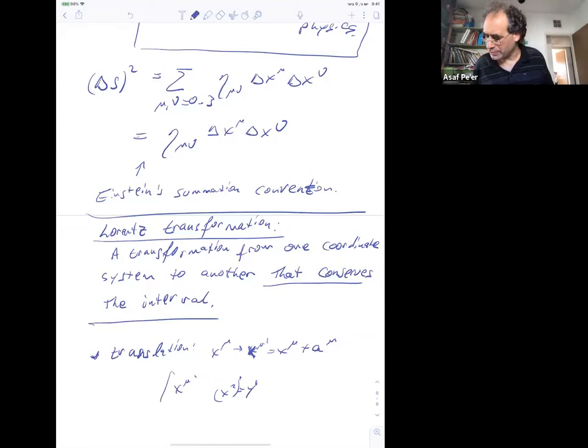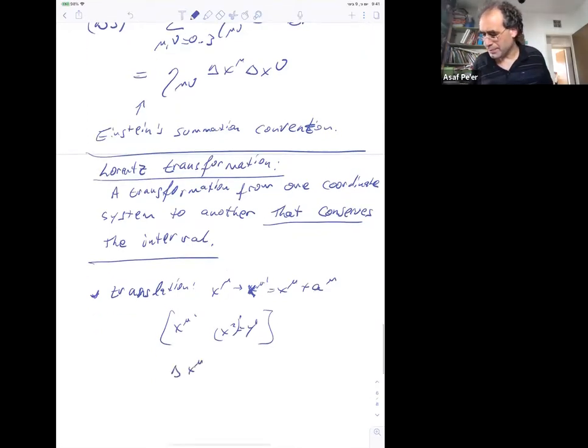This is just about my notation. Now, a translation leaves the difference, delta x mu, unchanged. So it's just a shift.